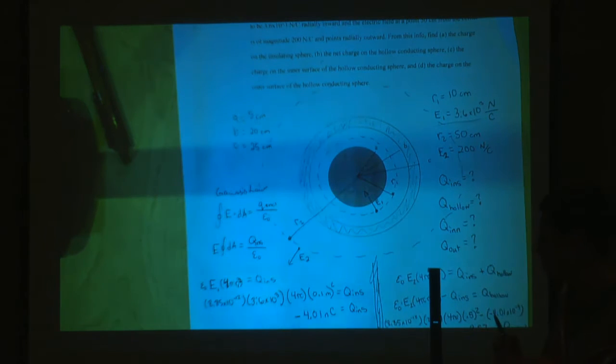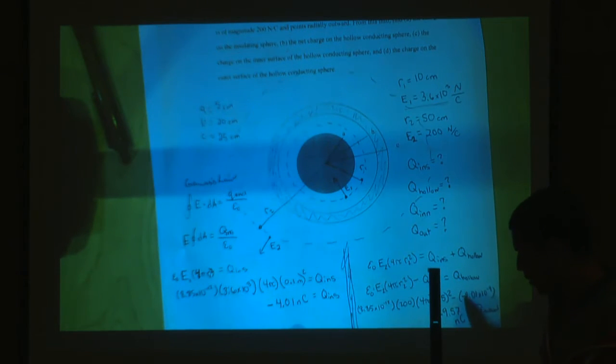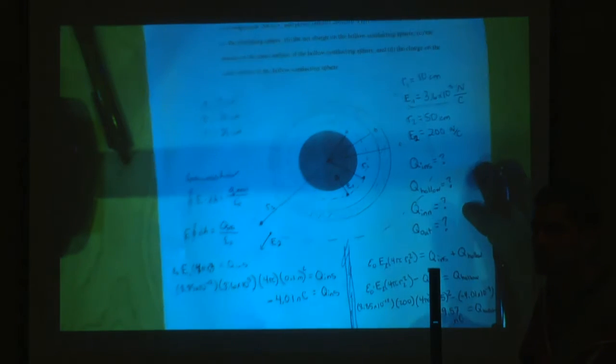But if we remove this enclosed charge, then we'd have a smaller electric field. Actually, we'd have a bigger electric field because this electric field is going in the opposite direction. Because instead, we'd subtract it. We wouldn't subtract anything. Here we're subtracting a negative number. Thus, yeah. Any questions?